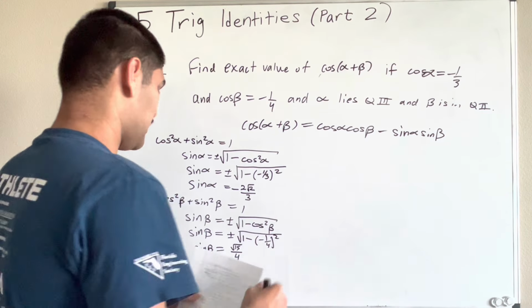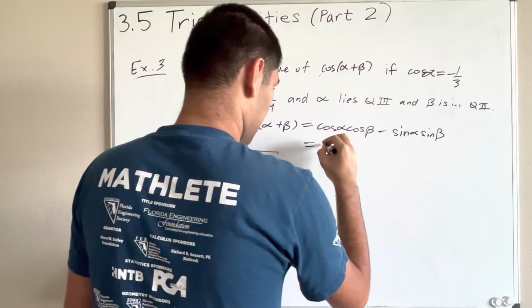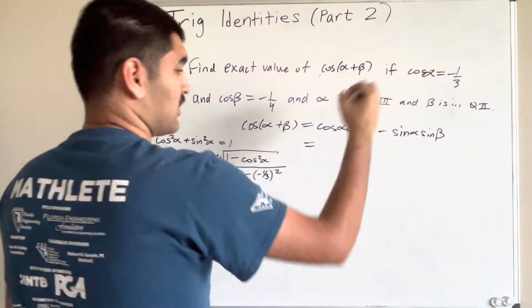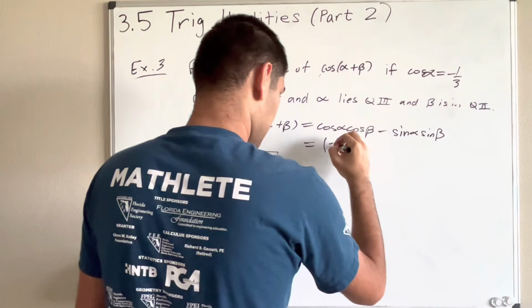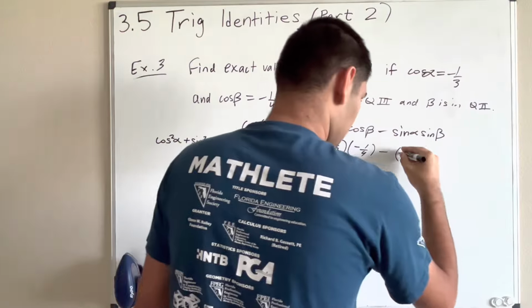All right, so now we can substitute all these values into this expression, and we get cosine alpha is negative 1/3. Cosine beta is negative 1/4. Sine of alpha we found is negative 2√2/3.